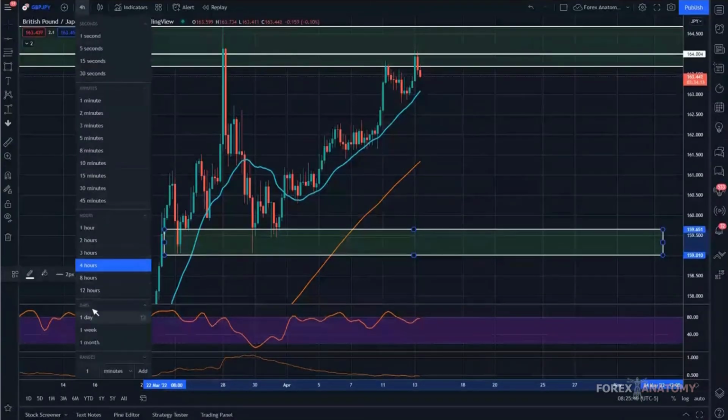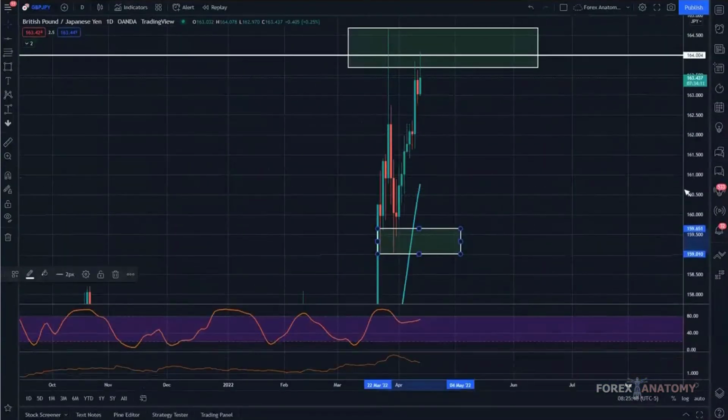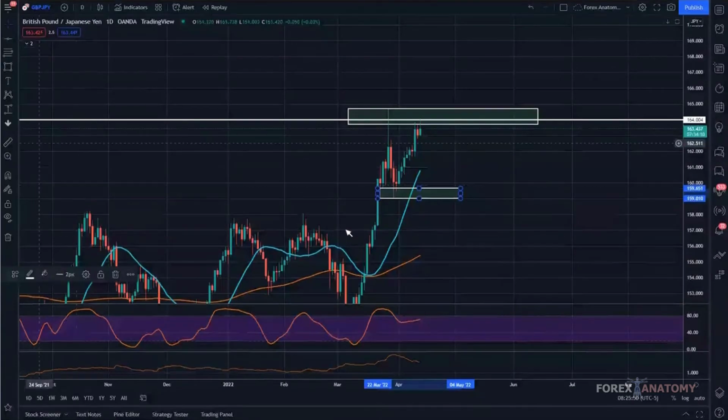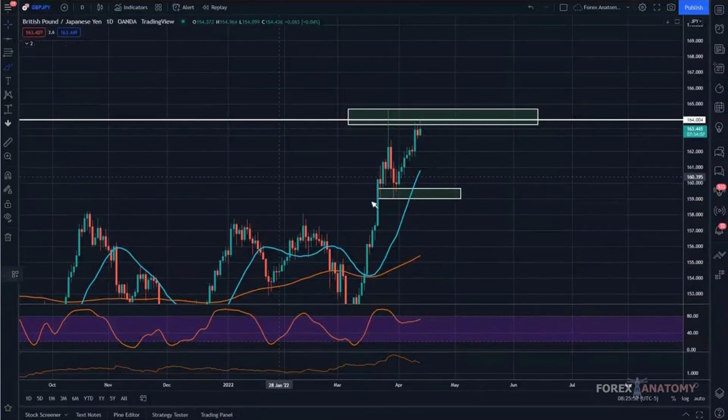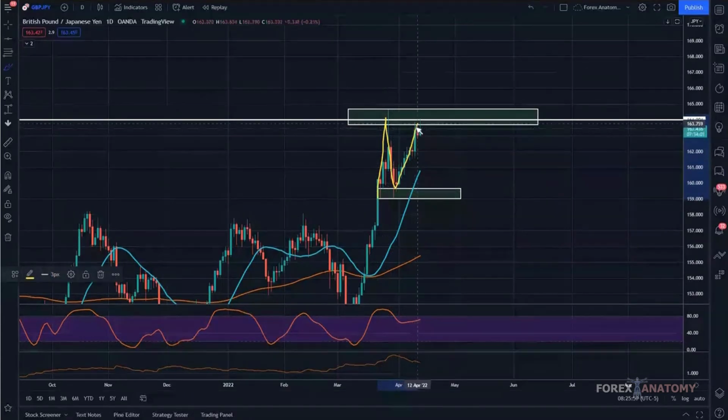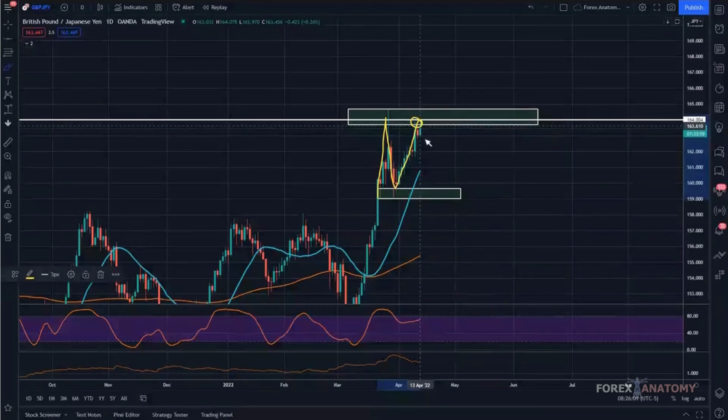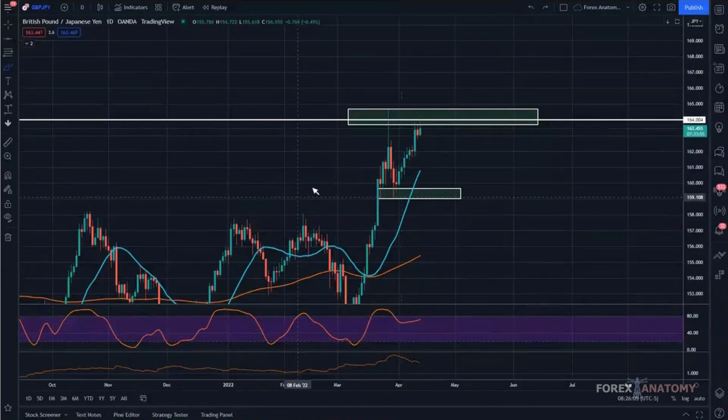Very similar to what we see on the daily chart as well. Price looks like it may want to form an M pattern or a double top on the daily. Right now it's at this right top, but price could very well come down again and form that W. So that is something that we're going to look at, and we'll see what happens.